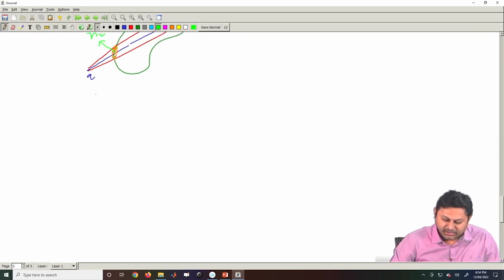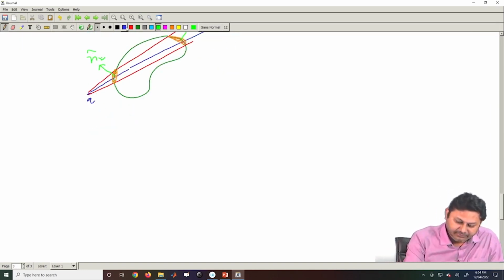Now, from here to here I have this length r 1, and from here to here this length is r. Suppose the big one is r 1 and the small one is r 2.